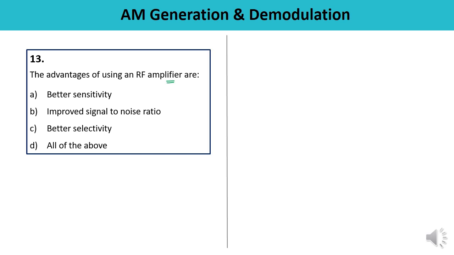See, RF amplifiers are actually used in super heterodyne receivers, and the advantages of using RF amplifiers are they have better sensitivity, improved gain to the signal, better signal to noise ratio, and selectivity is better because they have better rejection to the adjacent signal. It means better selectivity, improved signal to noise ratio, better sensitivity also. So the answer is D. Correct one.